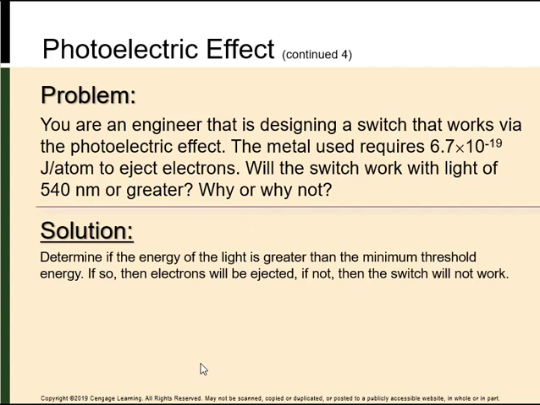The metal used requires 6.7 times 10 to the negative 19 joules per atom to eject electrons. Will the switch work with light of 540 nanometers or greater? Why or why not? Well, we need to determine that minimum threshold energy. If the light's energy is greater, then the electrons will be ejected. If not, then the switch won't work.